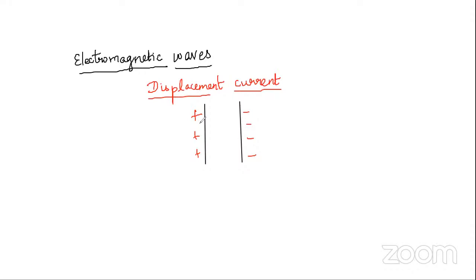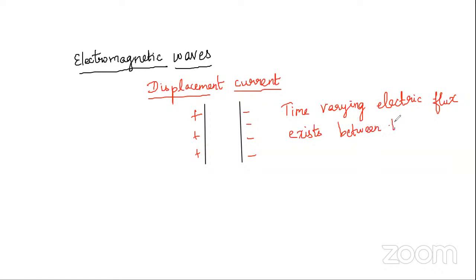Here you get a time varying electric flux existing between the plates of the capacitor, due to the charging of the capacitor.